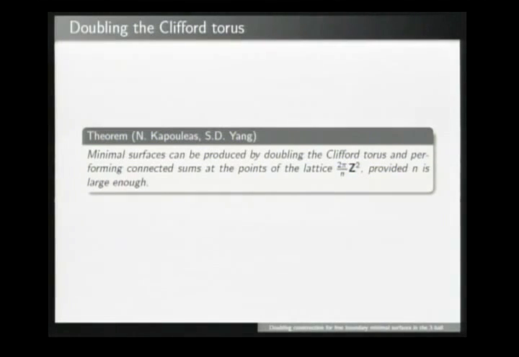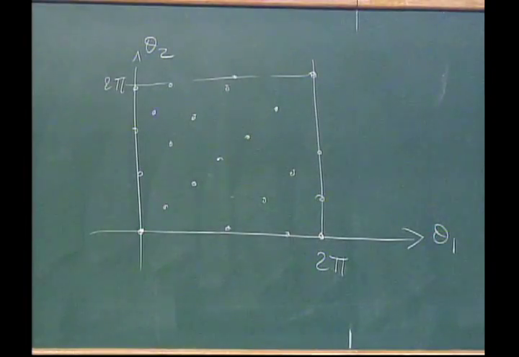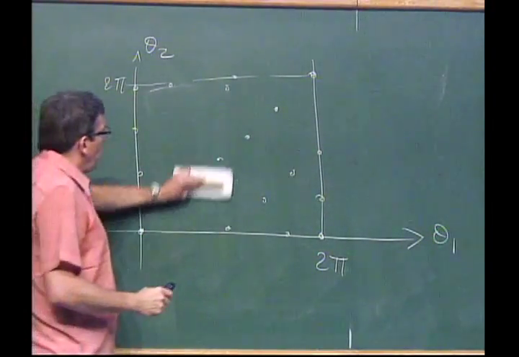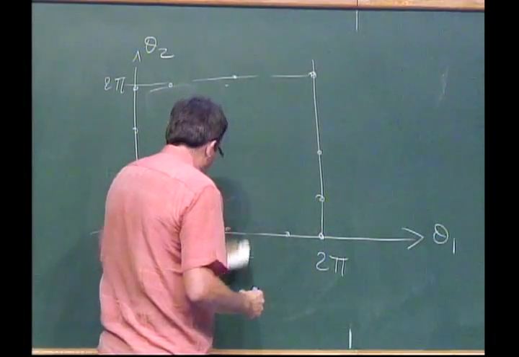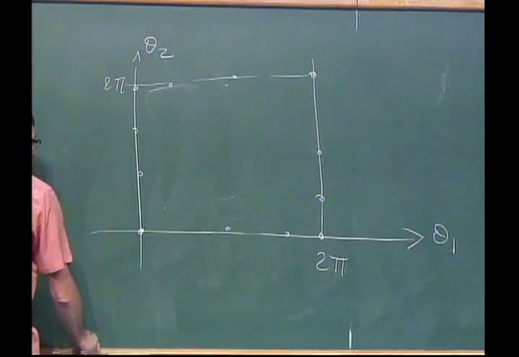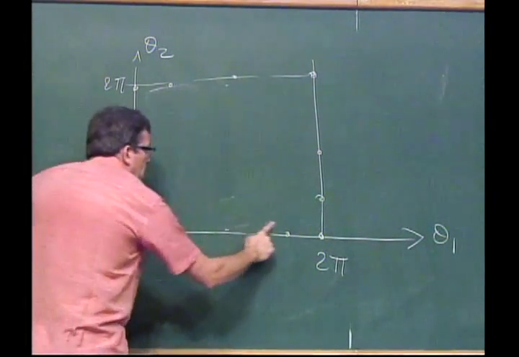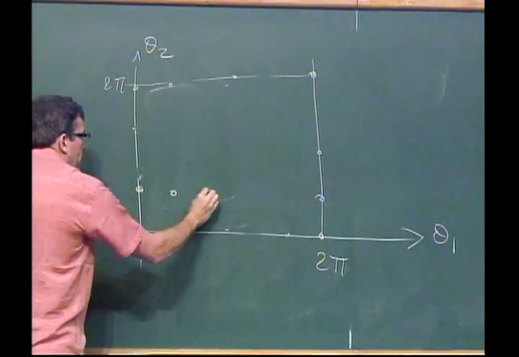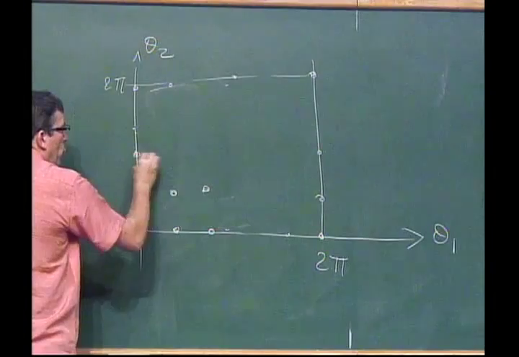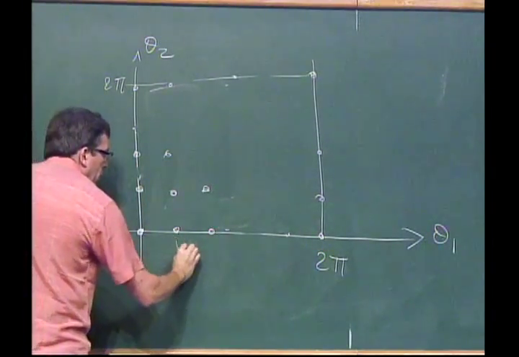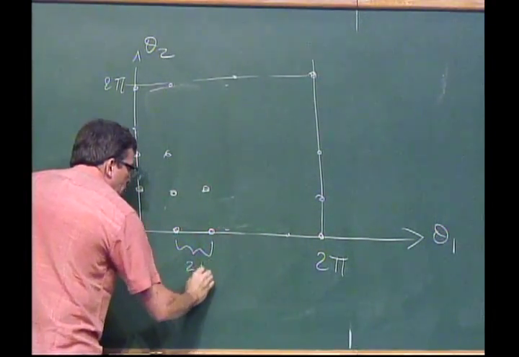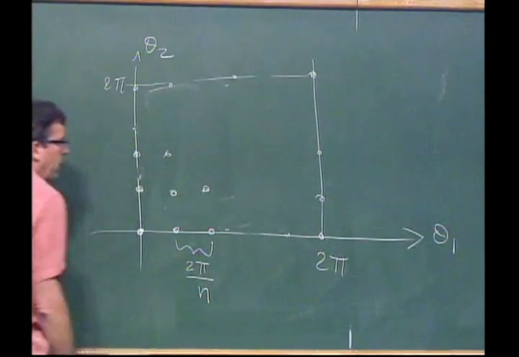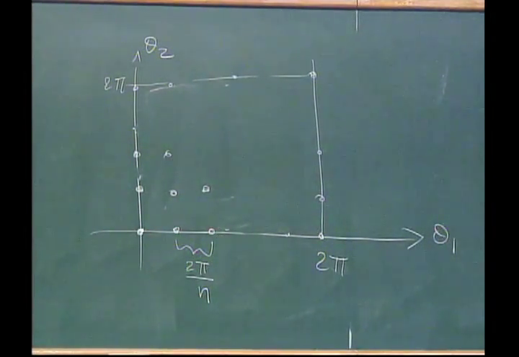Okay, so in their case, they take a regular lattice, and they try to do the connected sum like this. I'm not going to draw all the points, but the key idea is that this distance here is 2 pi over n, and n is an integer which is supposed to be very large.